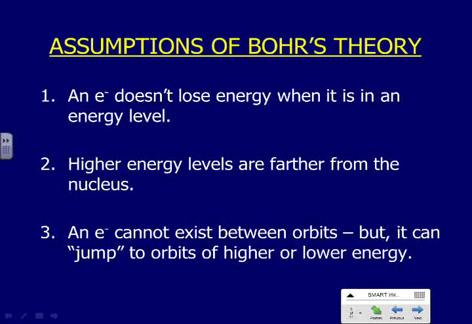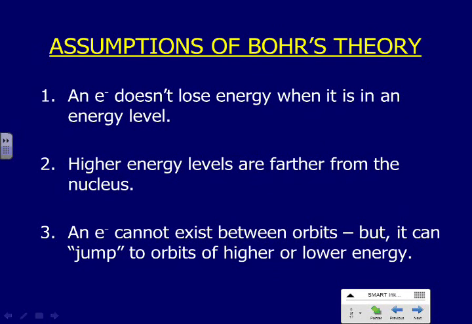Here's some of the assumptions that he had to make in order to come up with that theory. And these were the kind of new ideas that he needed in order to explain the atom, in order to kind of fix the issues with classical physics.